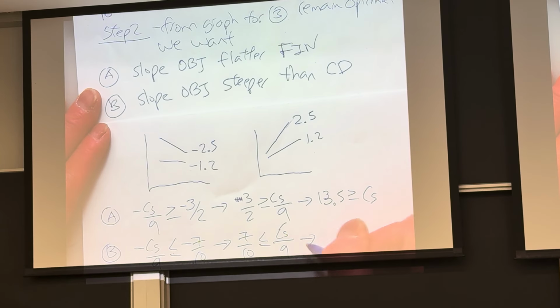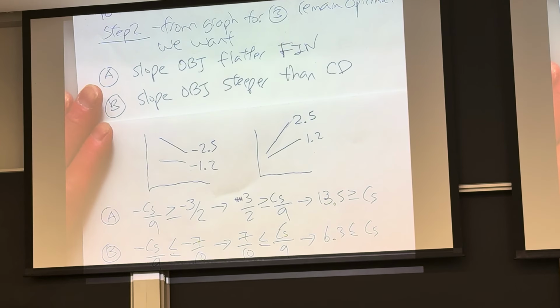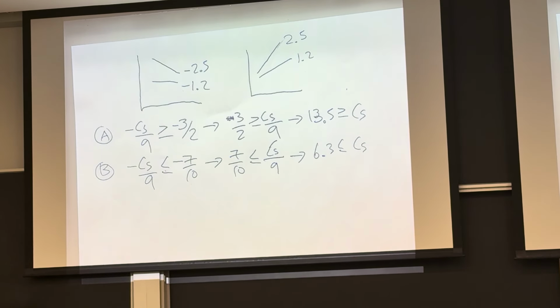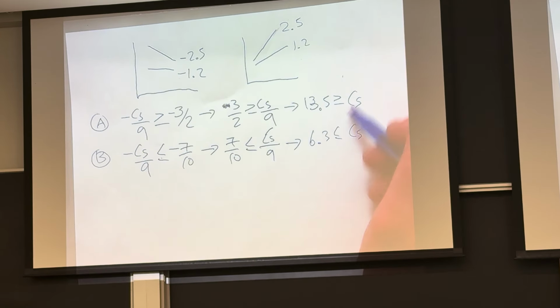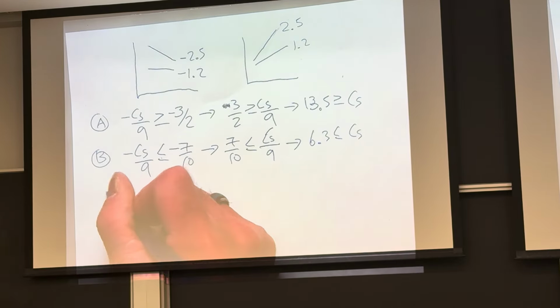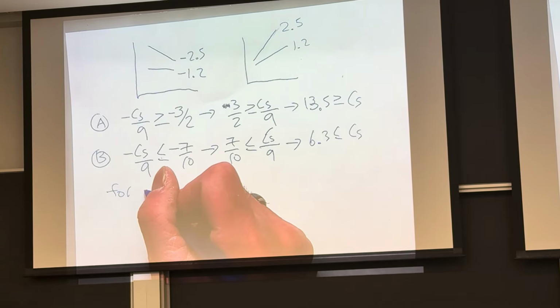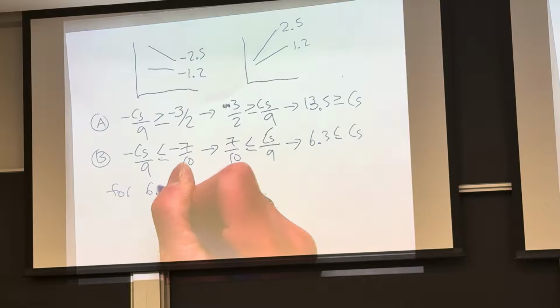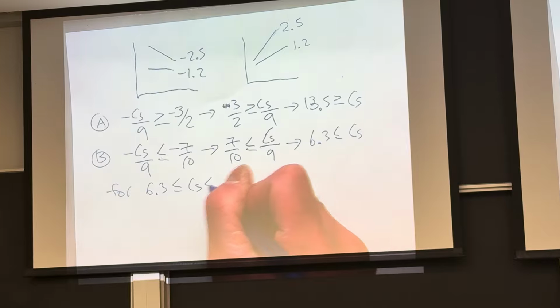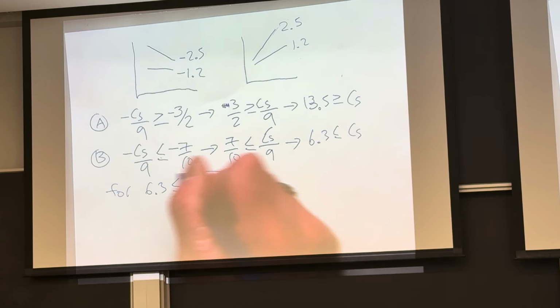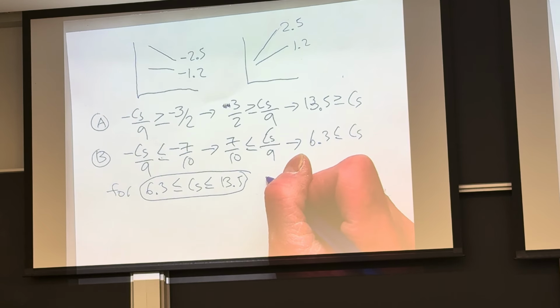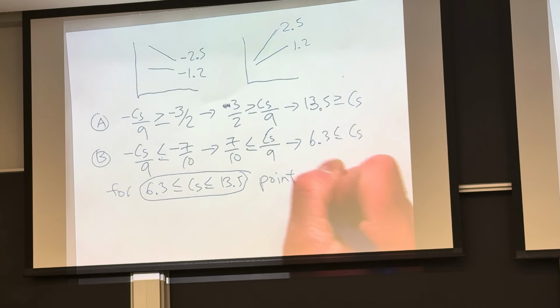And finally, 9 times 7 is 63, divided by 10 is 6.3. Okay, so we can put the two together, and so the final answer for the range is 6.3 to 13.5. Point 3 is optimal.